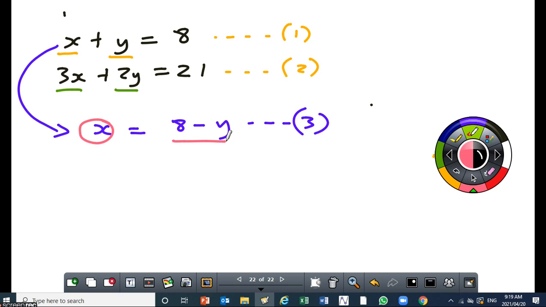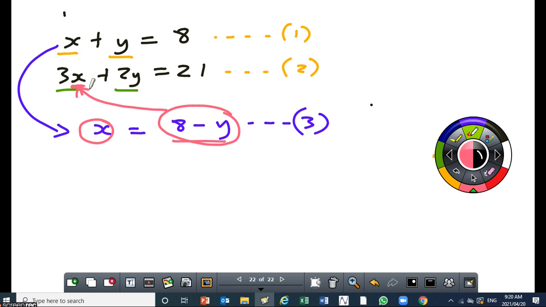So where there is x here, I'm going to substitute that x by 8 minus y, because I need to create a linear equation in one variable. A linear equation in terms of x only or y only. In this case, if I substitute equation 3 into equation 2, I'm going to create a linear equation in terms of y. Okay, so this 8 minus y is going to replace that x.